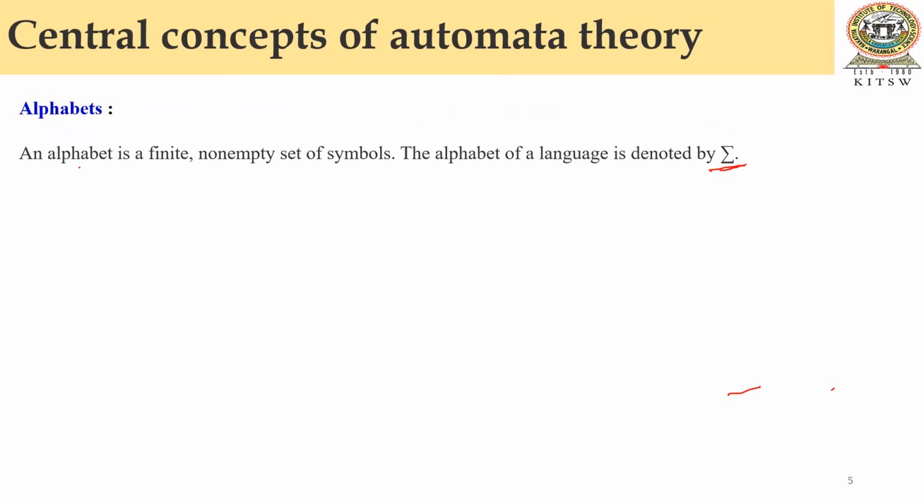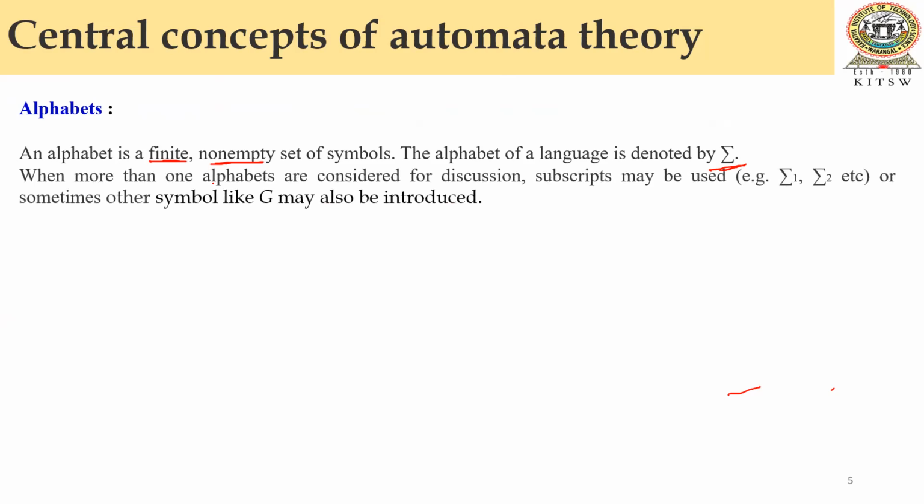When more than one alphabet is considered for discussion, subscripts may be used, like sigma 1, sigma 2, etc., or sometimes other symbols like G may be introduced.